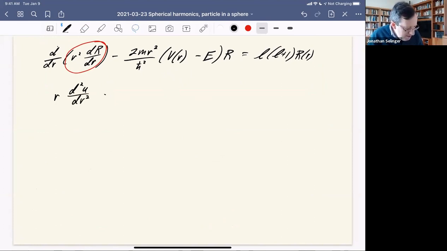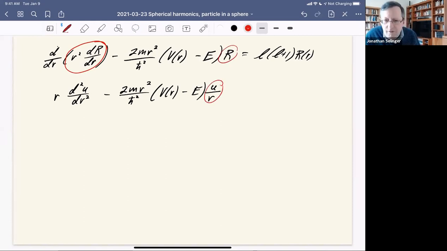The second term gives us 2m r squared over h bar squared times this potential energy, but anyway, there's a u over r, because that's what capital R is. It's u over little r. And likewise, over on the right side of the equation, there is a u over little r also.